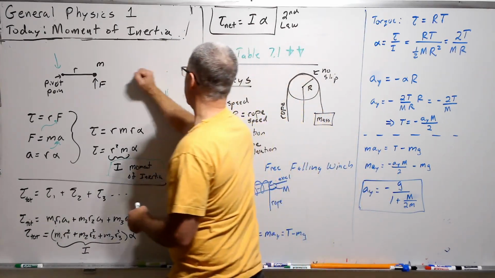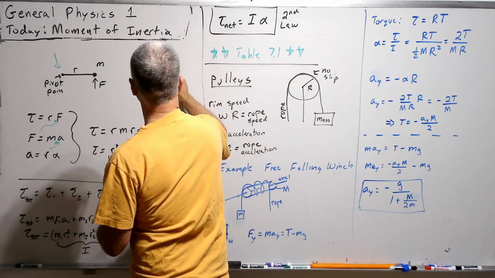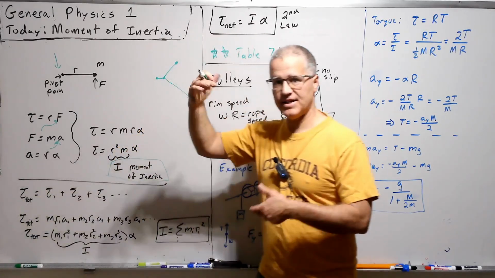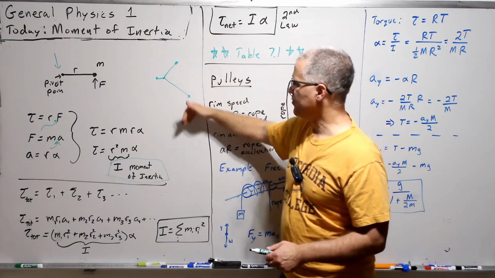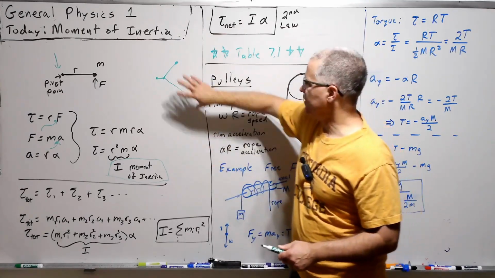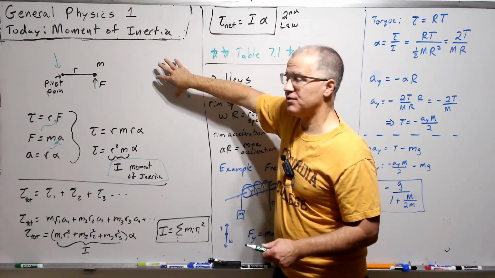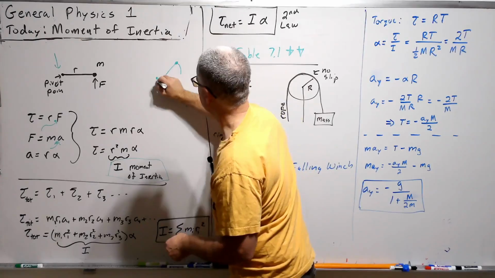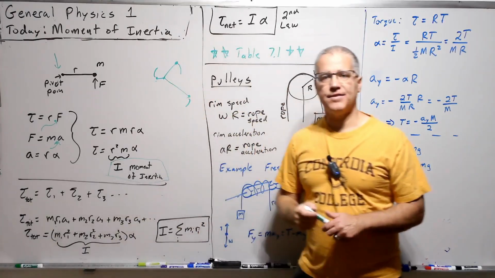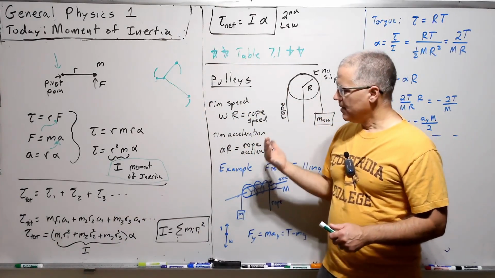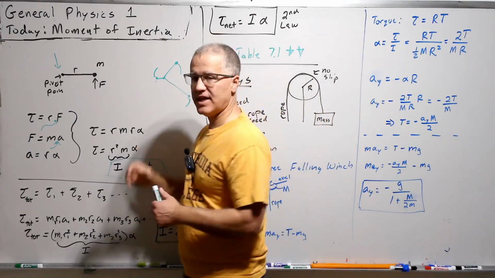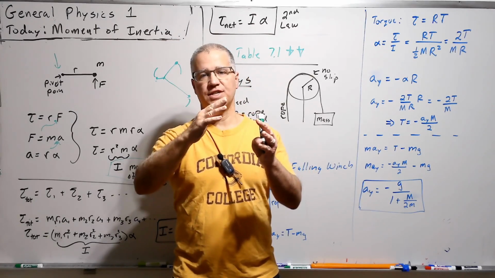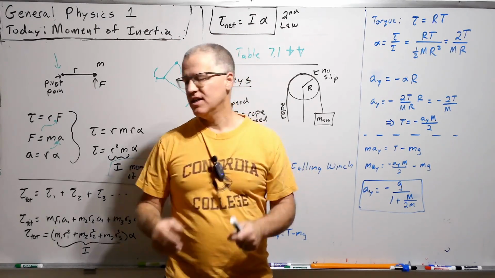Or we might have a situation where we have a connected body of various different masses under gravity, for example. And they would be experiencing different forces, different masses, different radii, and different linear accelerations at their different positions. But in either case, when we go to the angle, they'll all be traversing the same angle because they're all stuck together.